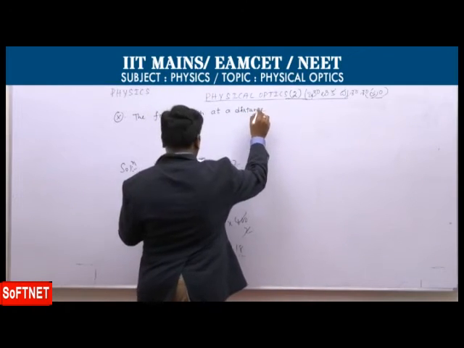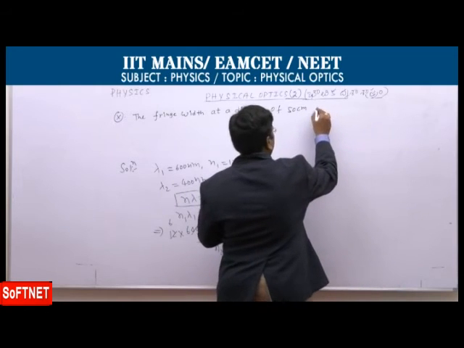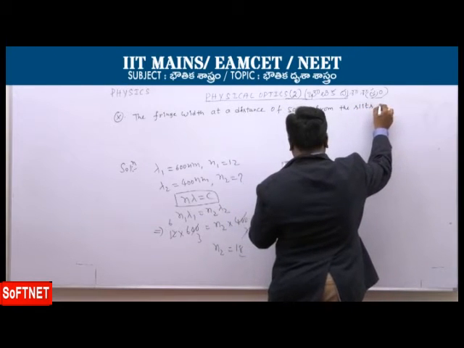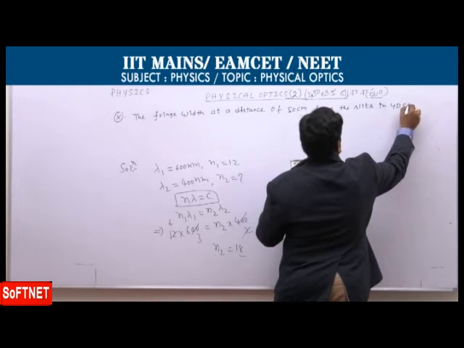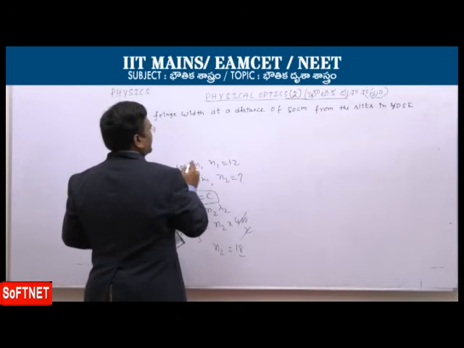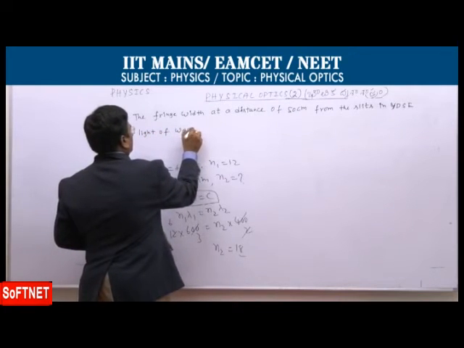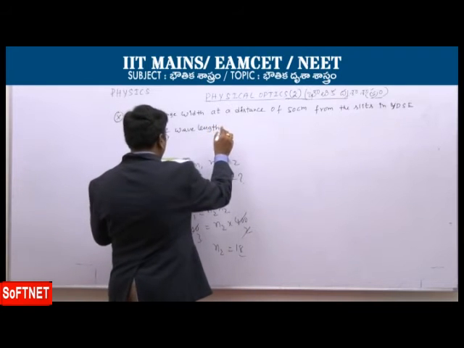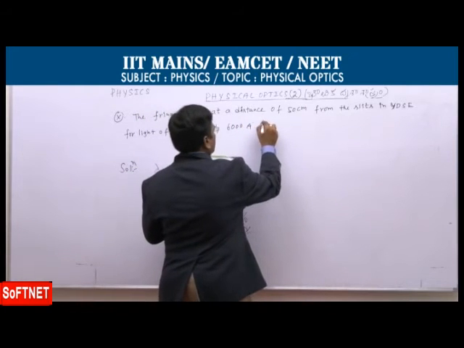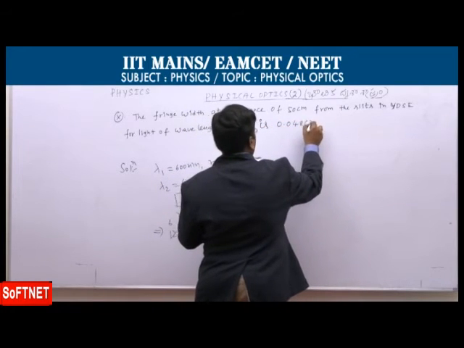Fringe width at a distance of 50 centimeters from the slits in Young's double slit experiment for light of wavelength 600 angstroms is 0.048 centimeters.